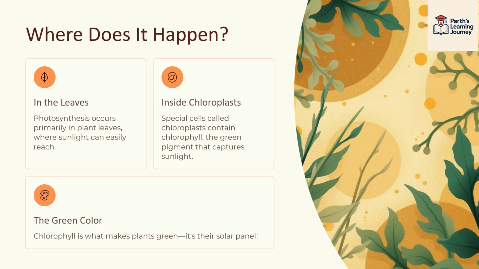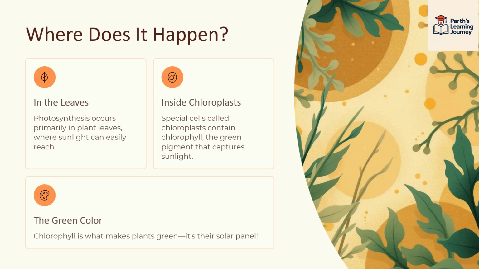Where does it happen? In the leaves, inside the chloroplast, and the green color. First of all, in the leaves. Photosynthesis occurs in plant leaves, as I said previously. Then, inside the chloroplast, the chloroplast traps the sunlight.